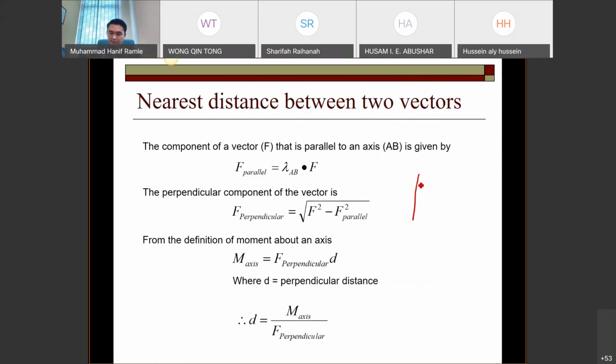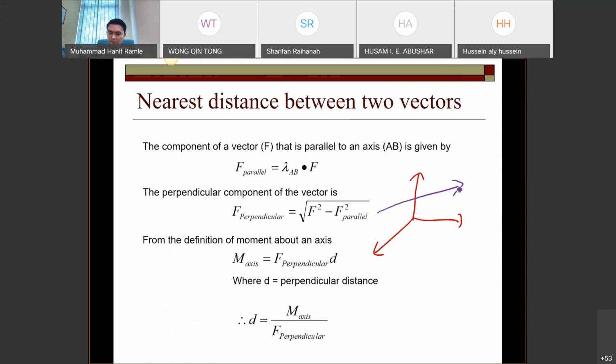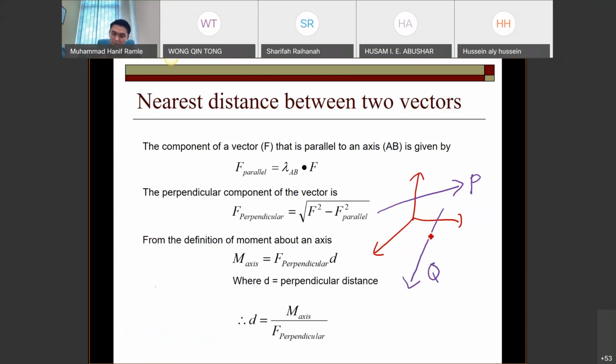Let's say this is only an example. We have one vector like this, for example P, and another vector like this, for example Q. So the nearest distance is from the line of action to the line of action, like this. For example, I put the line of distance like this.